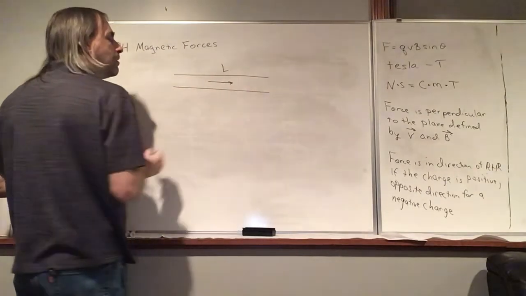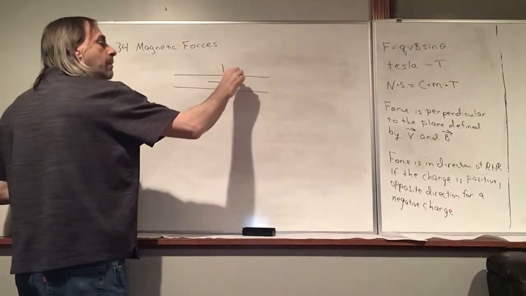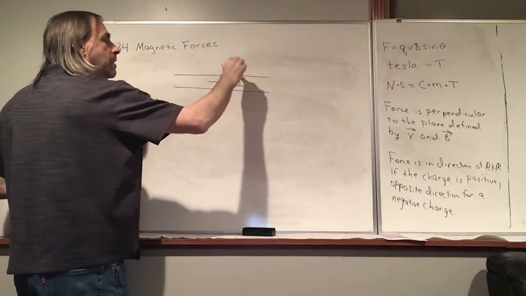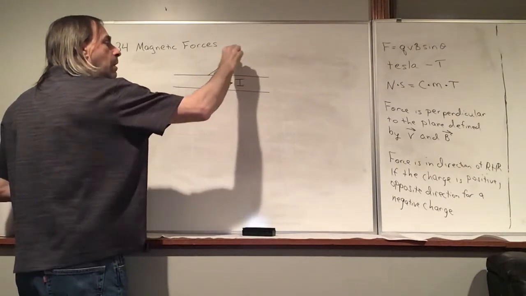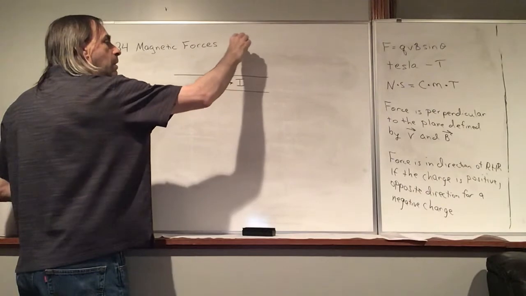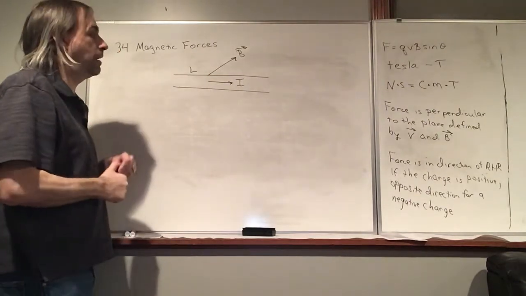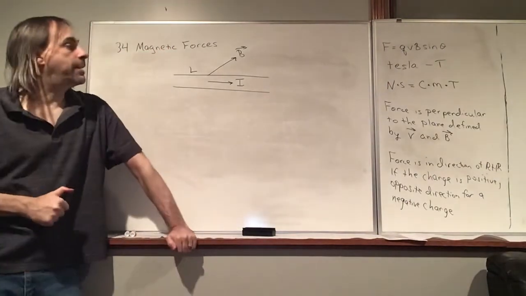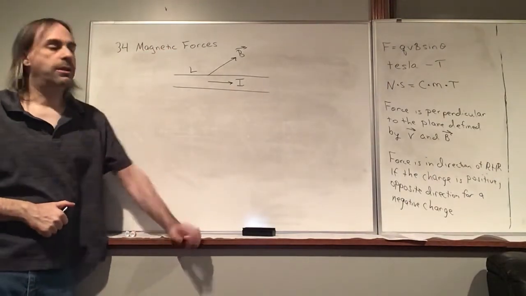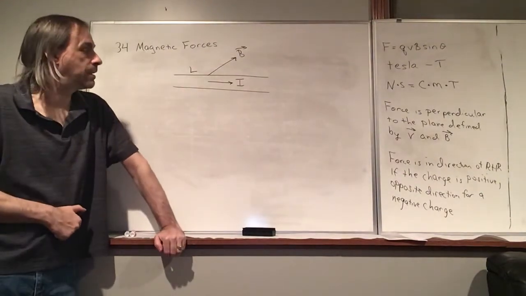Say we have a wire with a length L carrying a current I. And say there's a magnetic field B. And so again, the current is moving charges. Magnetic fields exert forces on moving charges. So there's going to be a force on this wire. We want to know what that force is.